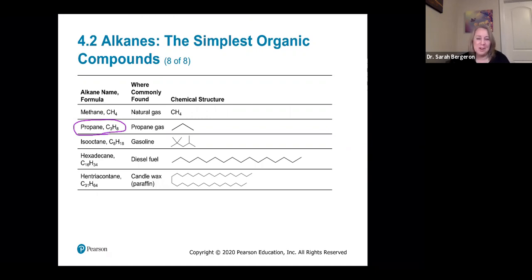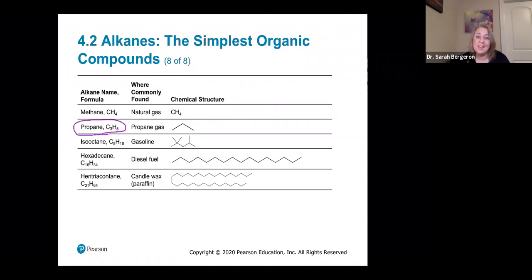Propane is what you put in your barbecue pit to run it. What do you put in your car? You actually put isooctane. There are 8 carbons. We call it iso because it's not a perfect straight chain; it's actually branched. That's where the iso comes from. But you have 8 carbons and 18 hydrogens, so it's all saturated.